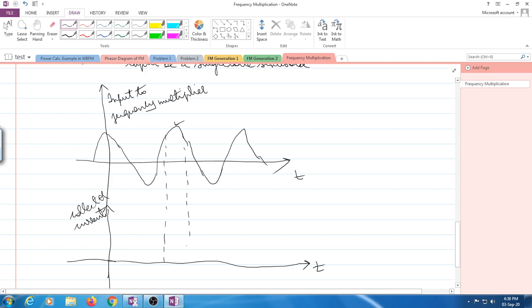If you extend this, then we are going to have pulses. So this is how the collector current is going to be.